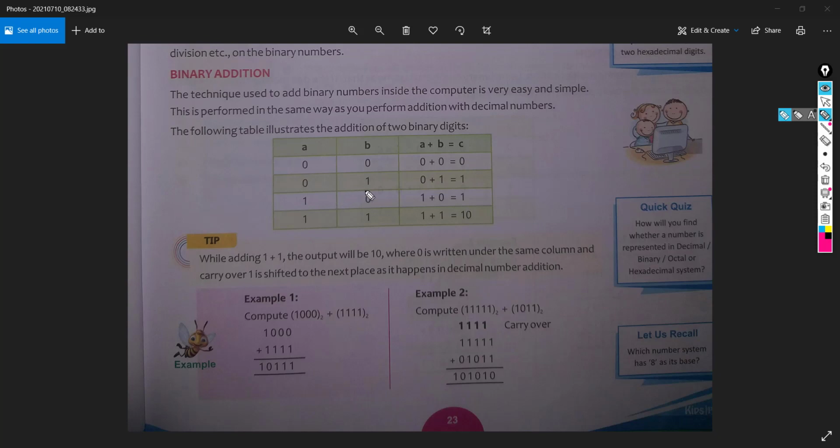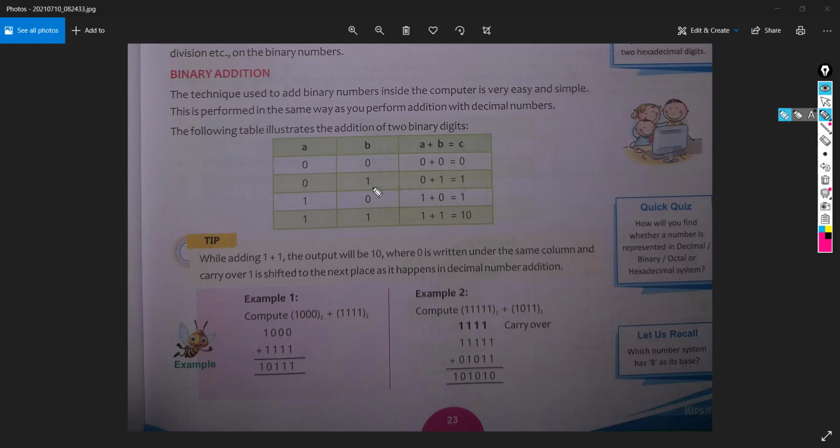It is just like adding simple decimal numbers; the same will happen for binary addition. There is no change. We only have to be careful when we add two binary 1s.